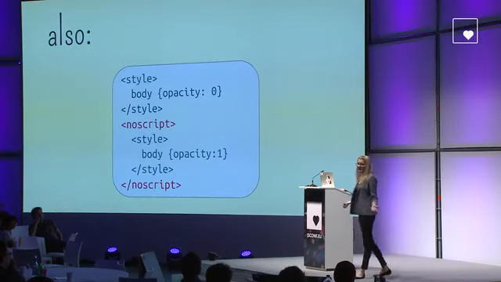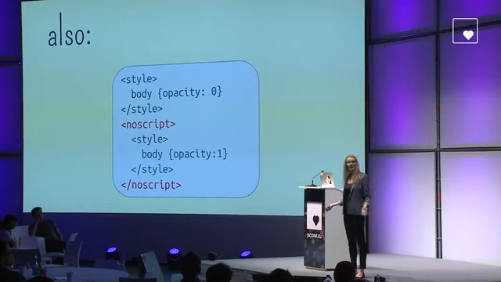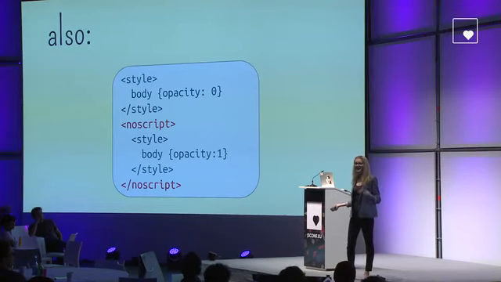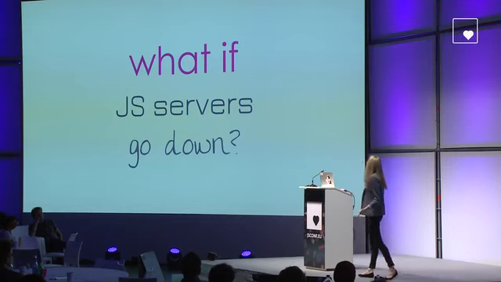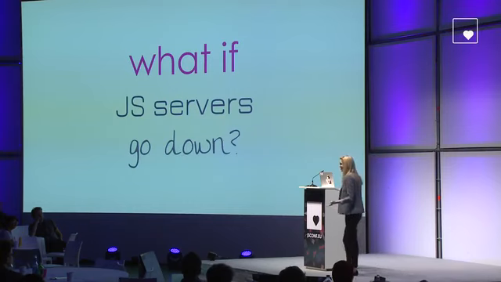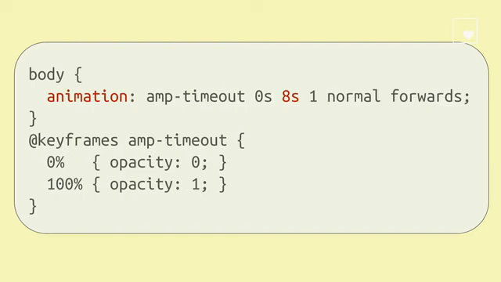But what happens if there's no JavaScript? Well, we have a noscript to unhide the body if there's nothing there to unhide the body. And then finally, what if JavaScript servers go down, which can happen every once in a couple of years, right? To address this issue, we do a CSS animation timeout.